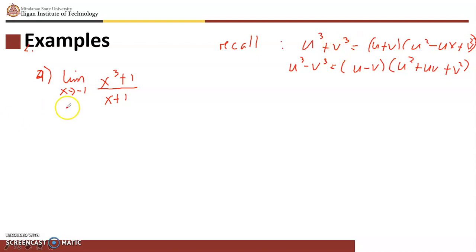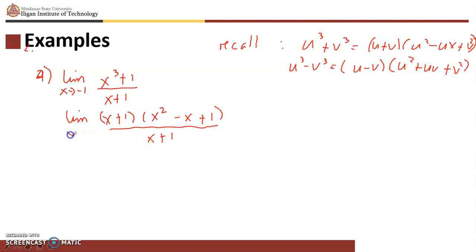So, we can rewrite this now as the limit of x plus 1 times x squared minus the product of x and 1, which is x, plus 1 squared, but 1 squared is 1, all over x plus 1.